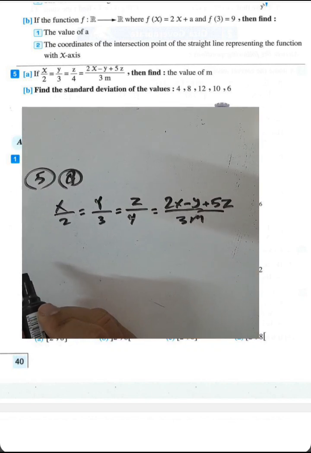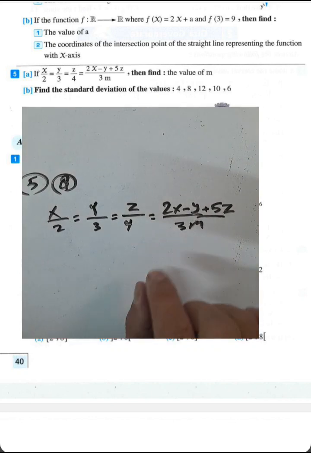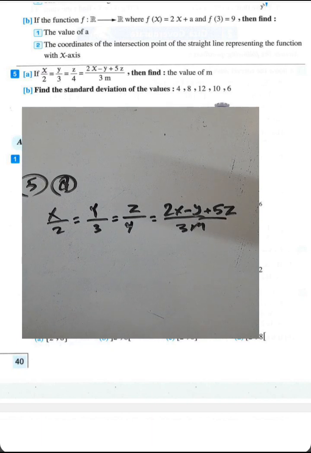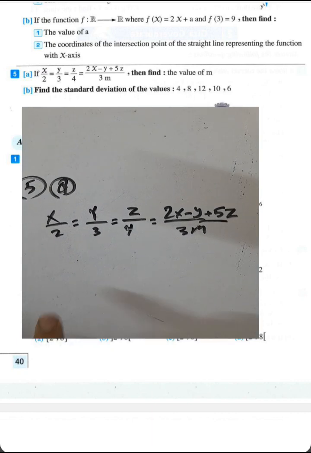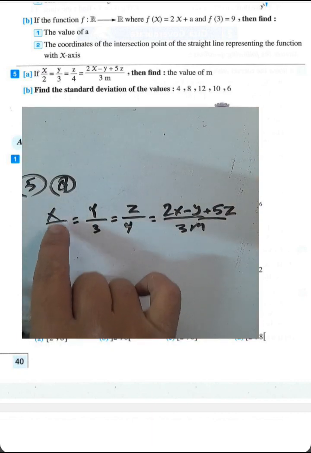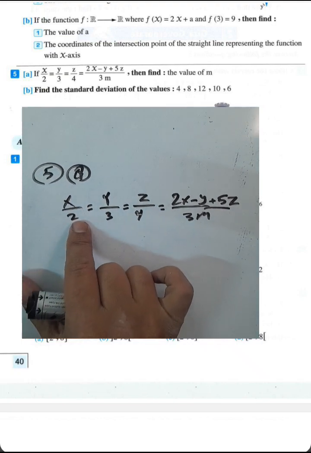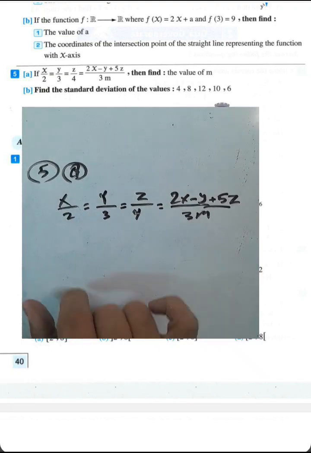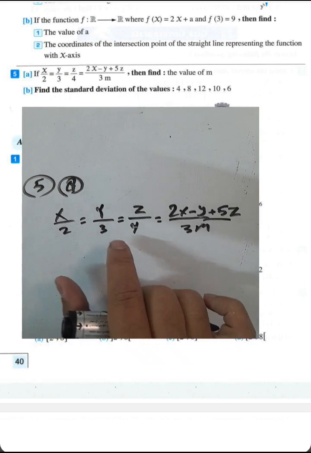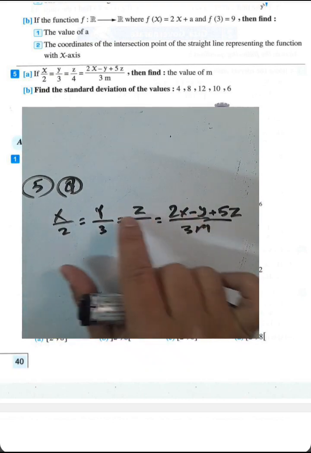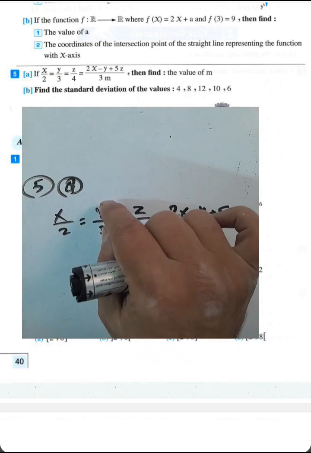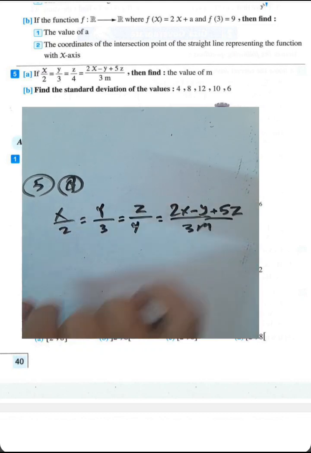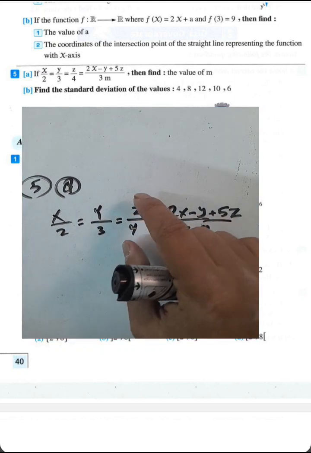Okay, to find the value of m, you must use the steps from this example: multiplying the two terms of the first ratio by 2, the second term by -1, and the third ratio by 5, numerator and denominator.